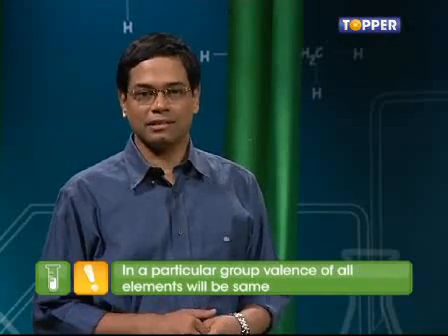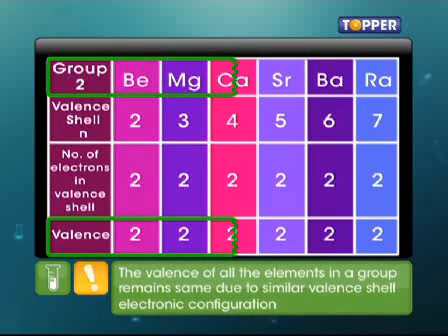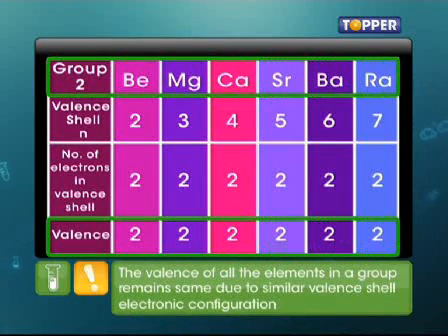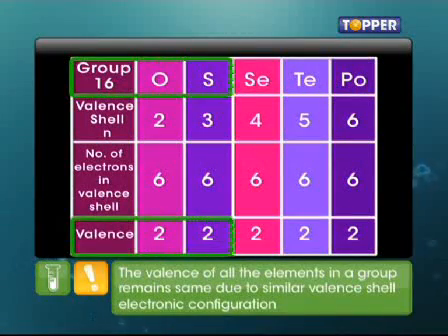The reason for this is that these elements have similar valence shell electronic configurations. Let us take the example of any two groups from the periodic table. In group 2, all the elements have the same valence. Similarly, group 16 elements also have the same valence.